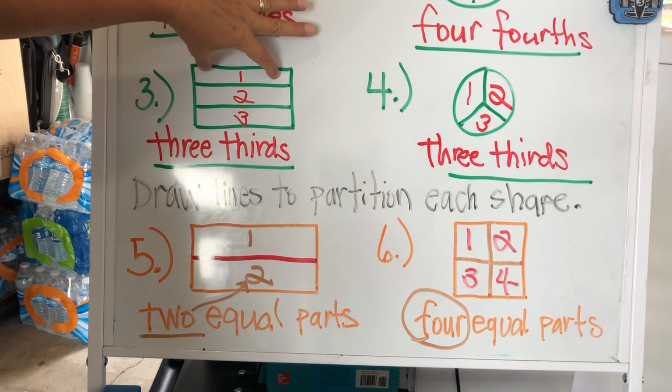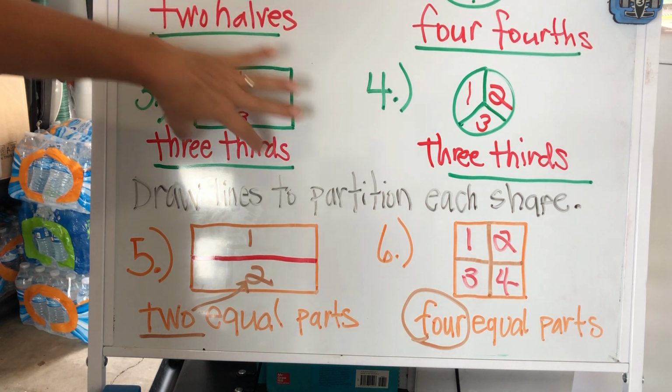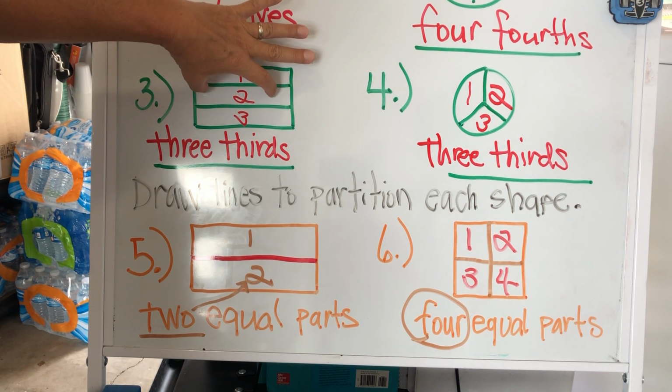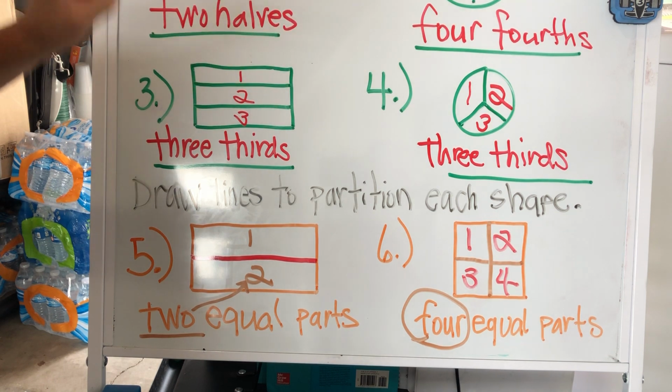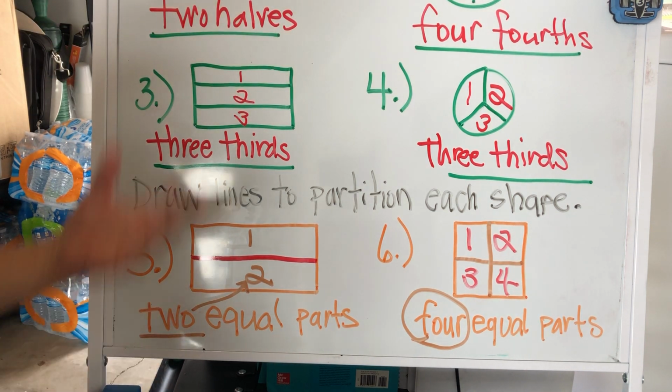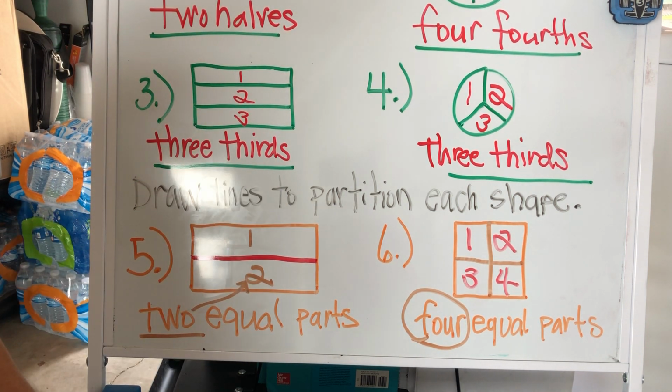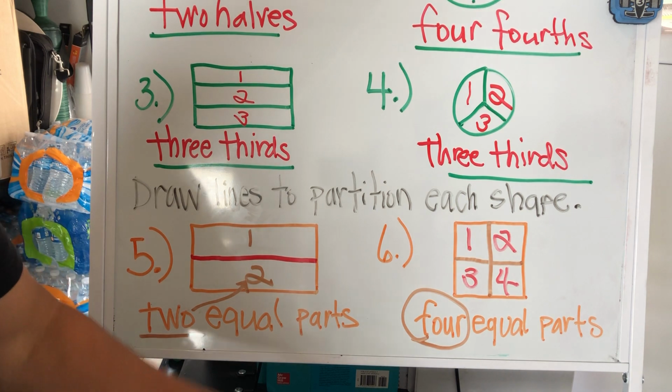Now each one of these thirds is a part of the whole shape. Just like number 2, 2/3, it's part of the whole shape, and so is 3/3. It's part of the whole shape. Okay? Alrighty.